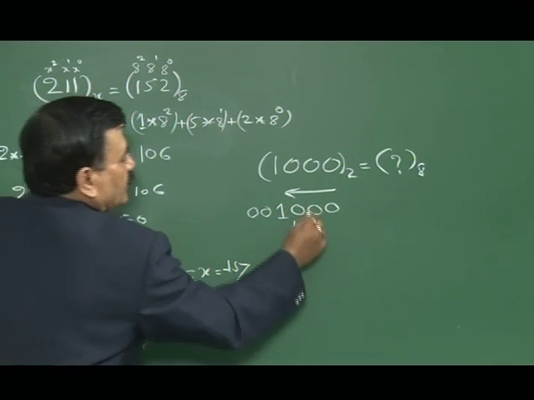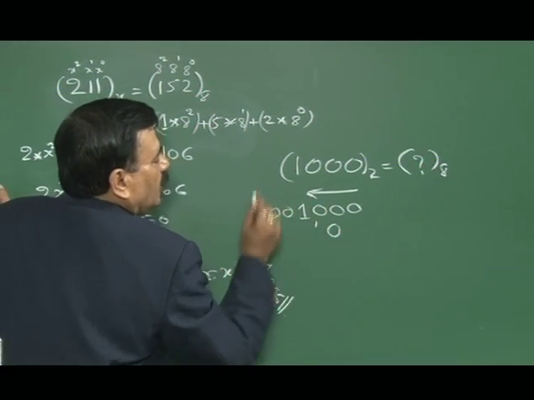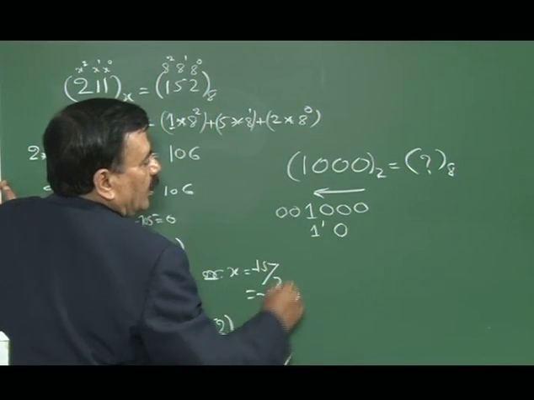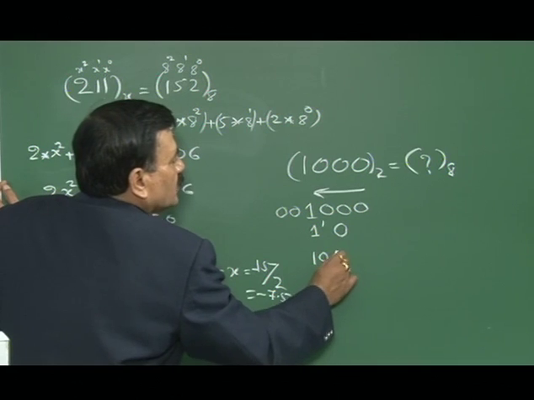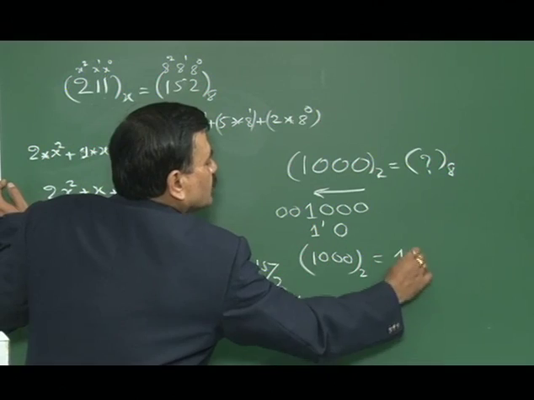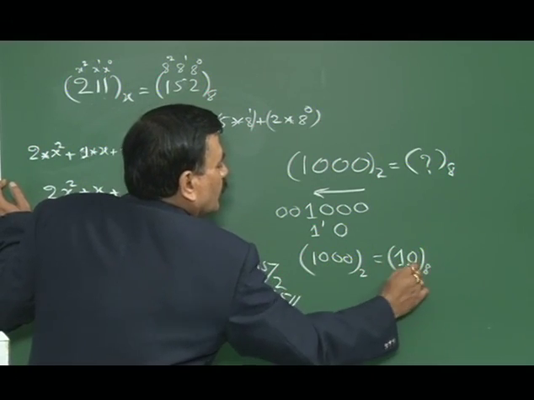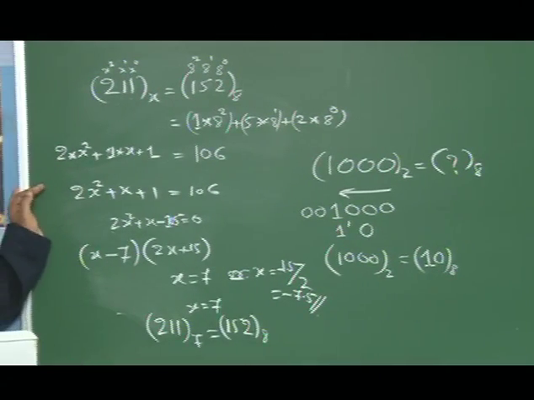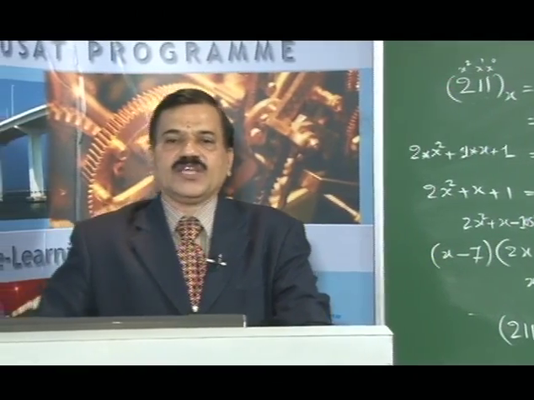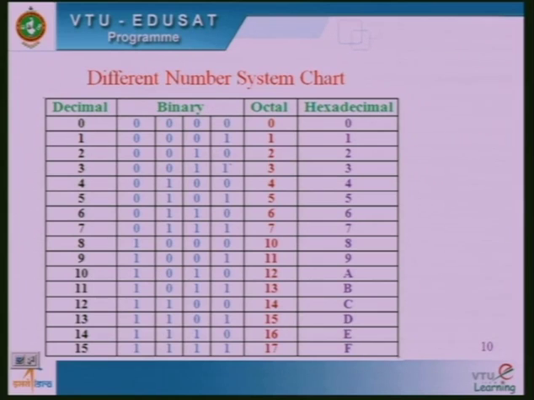Then automatically this value becomes 0 in octal, and this value becomes 1 in octal. So the equivalent value 1000 in binary can be rewritten as 10 in octal. Therefore the value of 8 in decimal can be rewritten as 10 in octal, and in hexadecimal it is retained as it is.